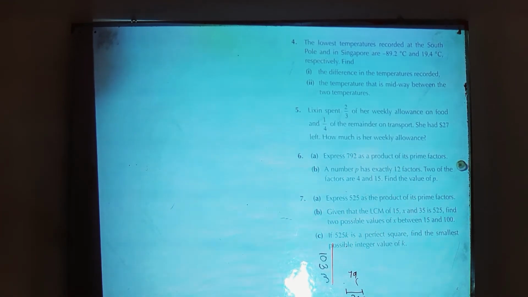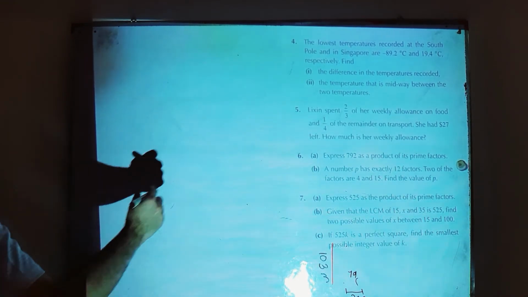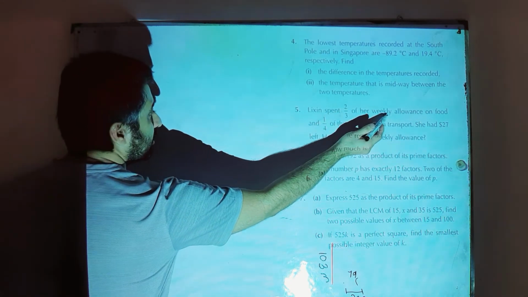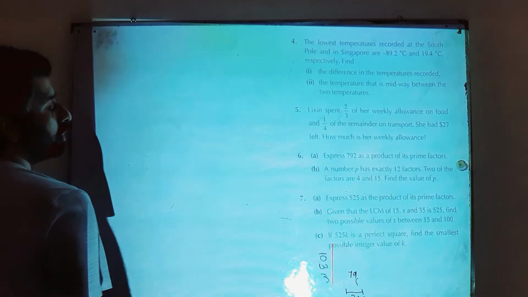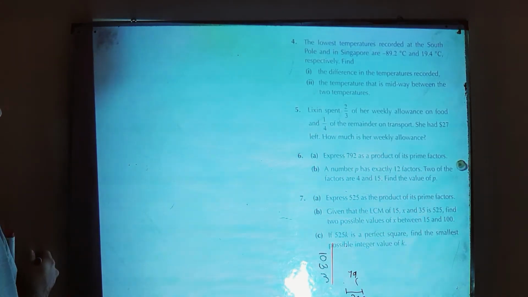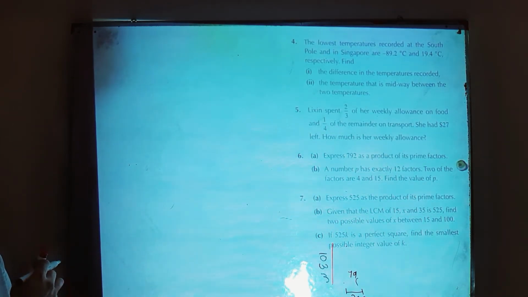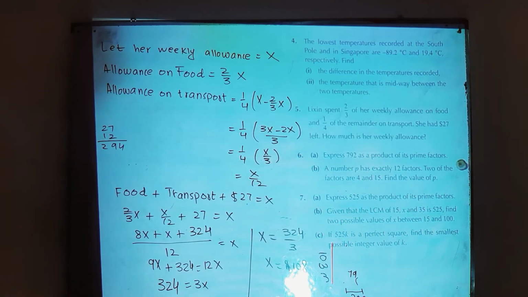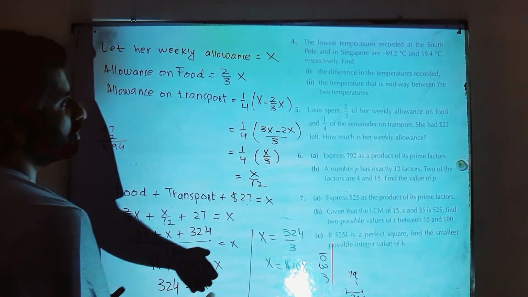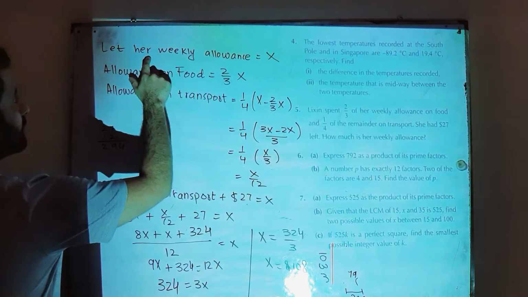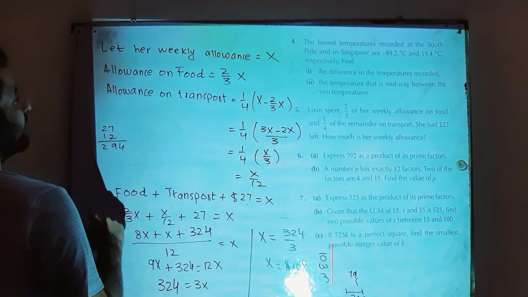Question number 5: Lexin spent 2/3 of her weekly allowance on food and 1/4 of the remainder on transport. She had $27 left. How much is her weekly allowance? We don't know the allowance, so let the weekly allowance be x.